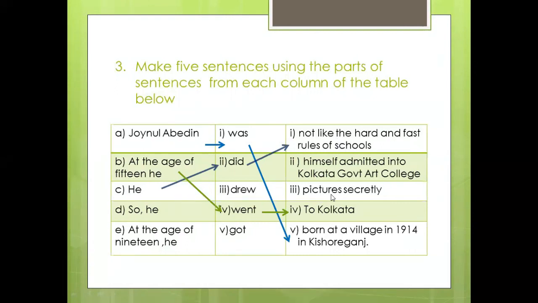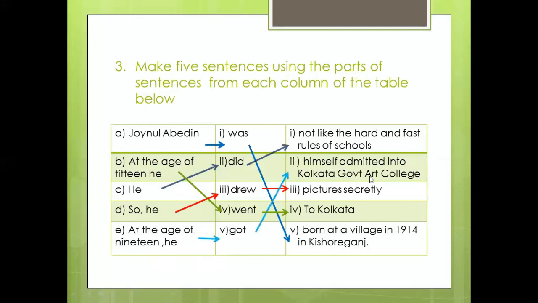As he did not like them, he drew pictures to entertain himself. So he drew pictures secretly. At the age of 19, see the remaining one, he got himself admitted into Kolkata Government Art College, as he was very passionate about drawing pictures.